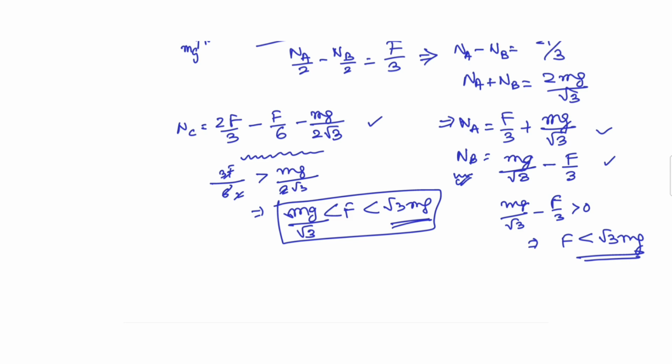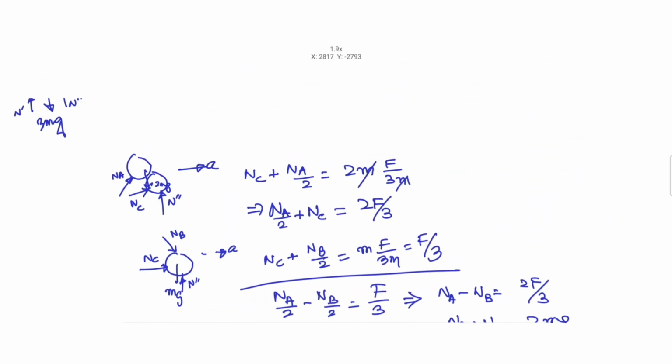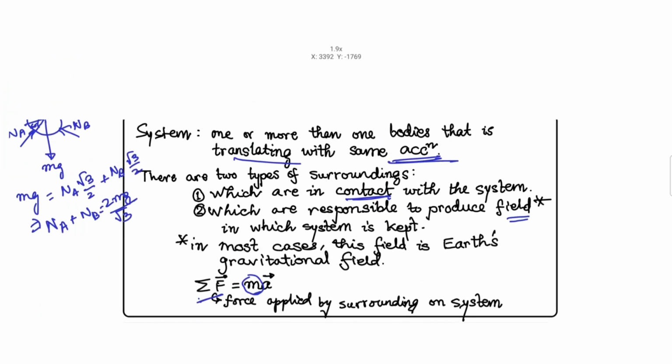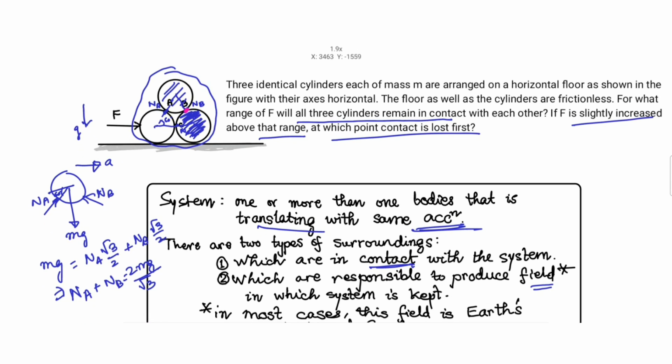So if NB achieves the value 0 first, then at point B the contact will be lost first. Let me mark it again. At this point the contact will be lost first, and so the answer is, it will be lost first at point B.